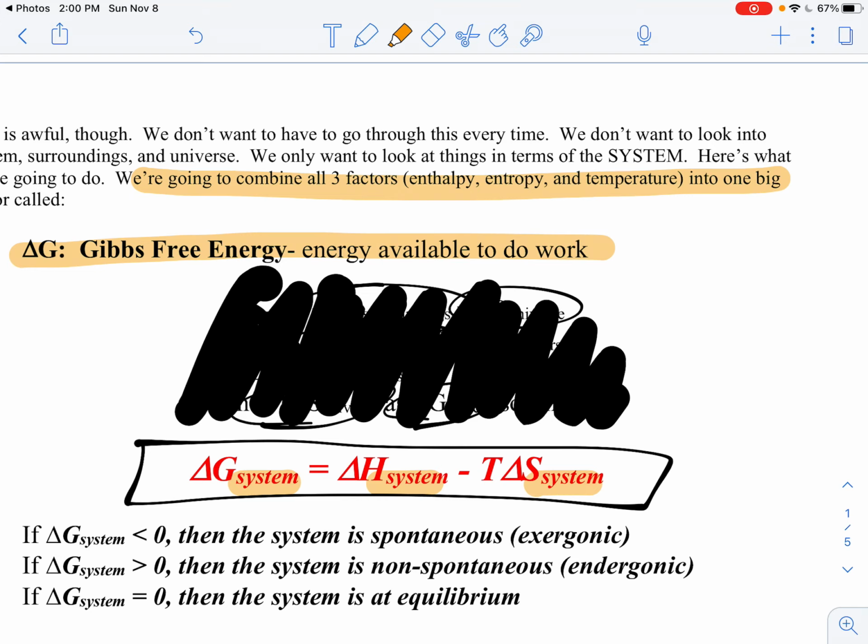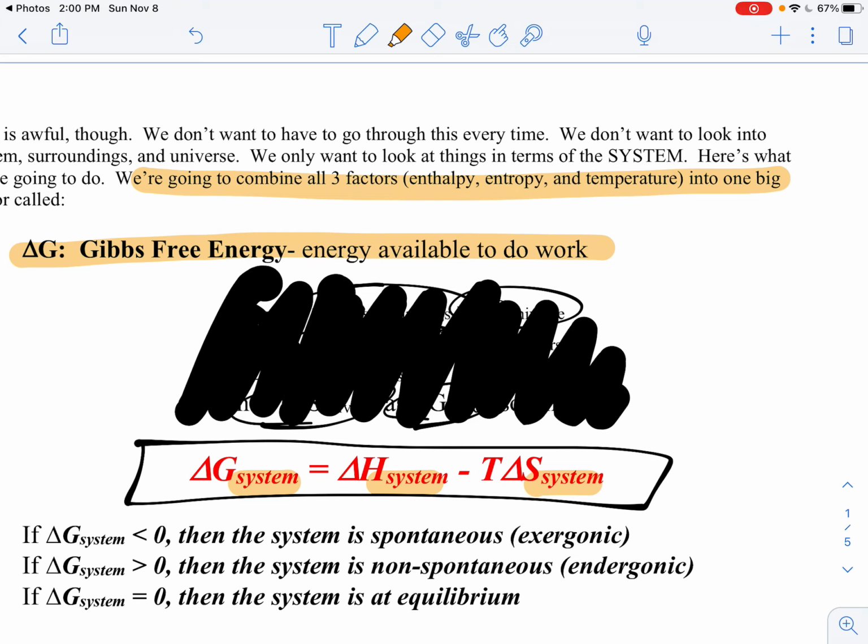So delta G is our attempt to take the enthalpy of the system, the entropy of the system, and the temperature of the system, and combine them in such an equation that tells us something about what is going on with the system relative to the universe.